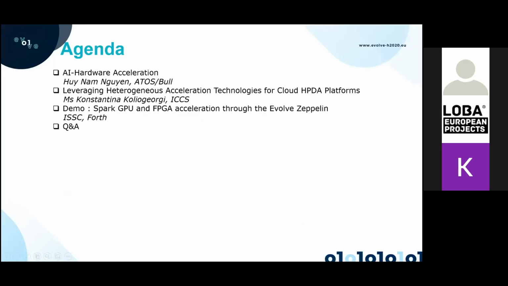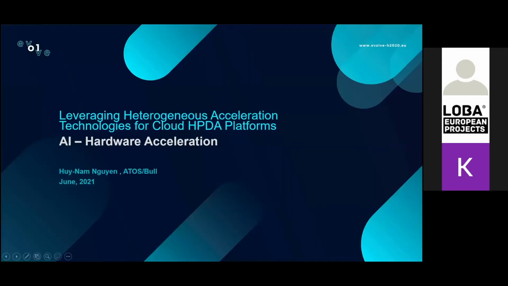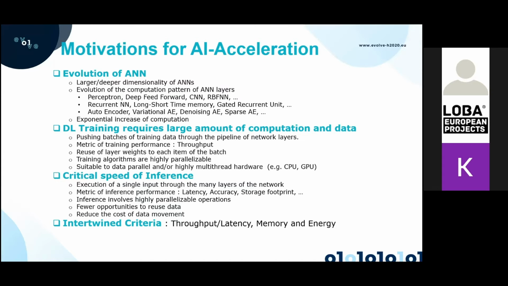So I will start first with my presentation, which is about the use of hardware accelerations in order to accelerate AI-based applications. I will start with a first slide to talk about our motivations for AI acceleration. First of all, I would like to make some precisions.